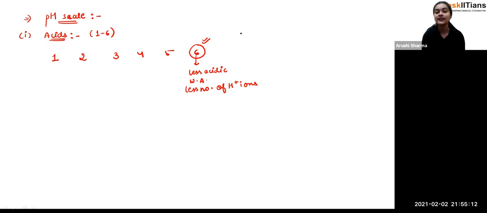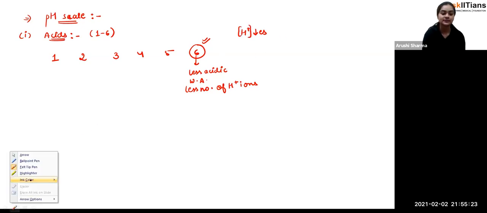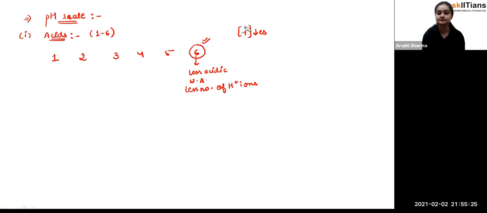So what we can conclude from here is that if the number of H ions, or the concentration, decreases, what will be the effect on pH? The pH is going to increase. This represents the decrease and this represents the increase.